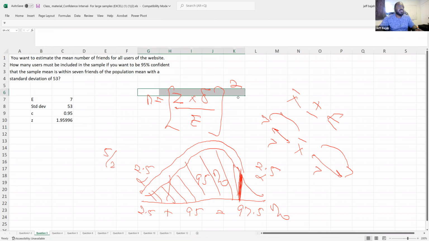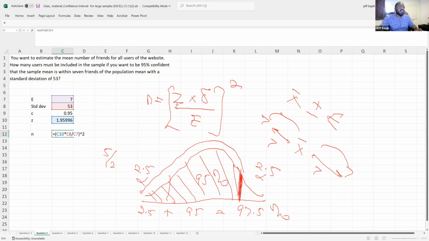So now if we're trying to use this formula, it becomes easy, right? Because then our sample size will be equal to our Z times standard deviation over our E, and then whatever we have here, we're raising it to the power of 2.